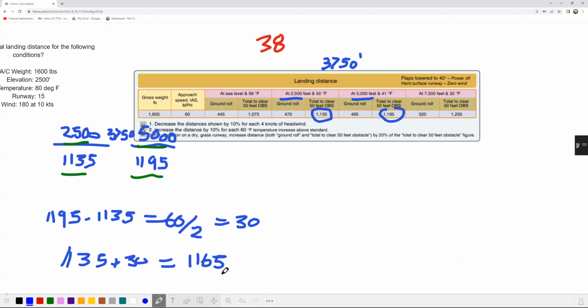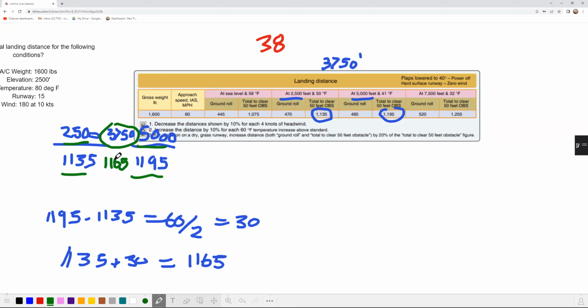Whenever you do math like this, you always want to check to make sure it makes sense. We want 3,750, which is directly between 2,500 and 5,000, so we want what's directly between 1135 and 1195, and that would be 1165. Does that make sense?